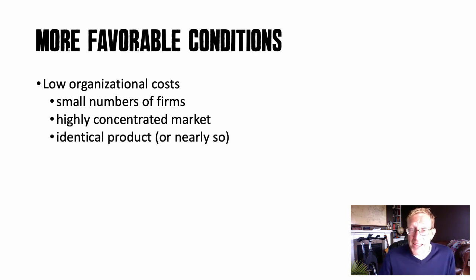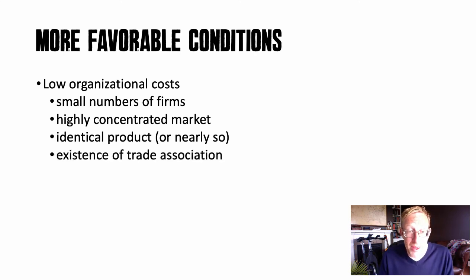If the product is identical or nearly identical, that helps to promote cartel behavior, because you won't have one of your members going off with a differentiated product and affecting the price and the output.